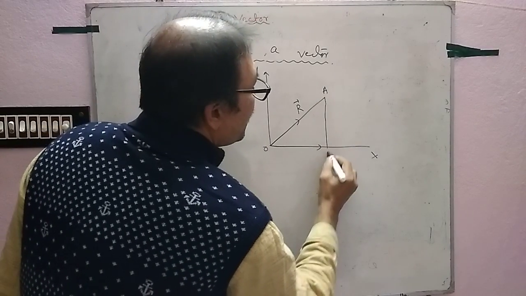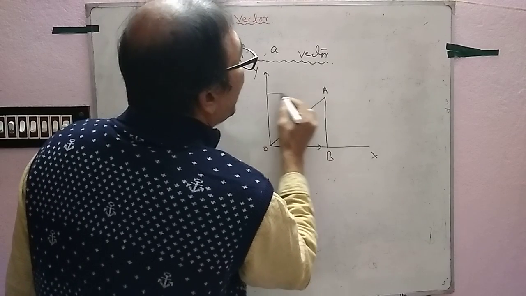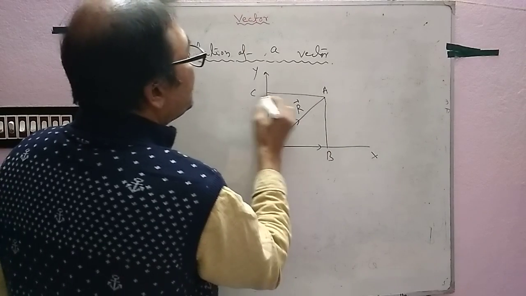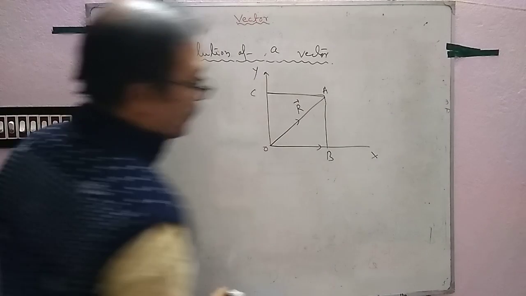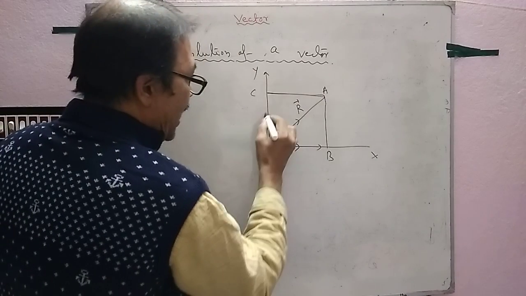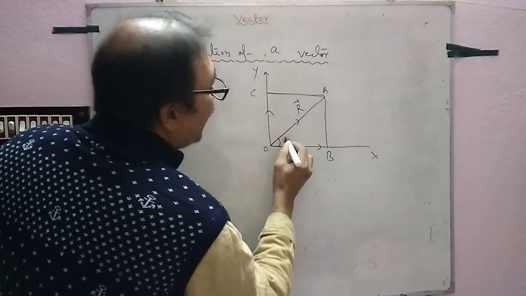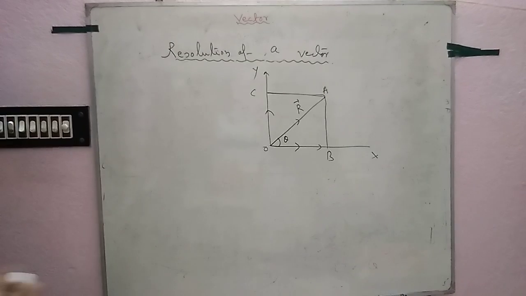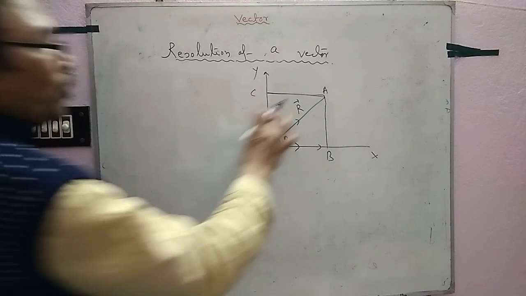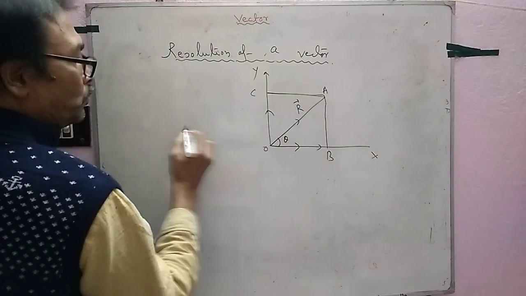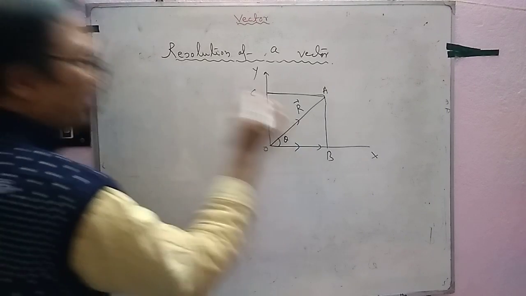This is B, and on the y-axis another perpendicular, that is C. This is another. So OA and OB, this angle theta. From the law of vector addition, that is the parallelogram law.